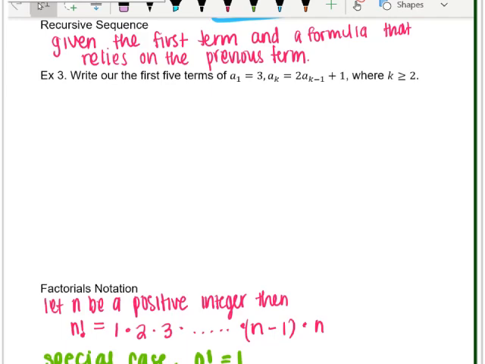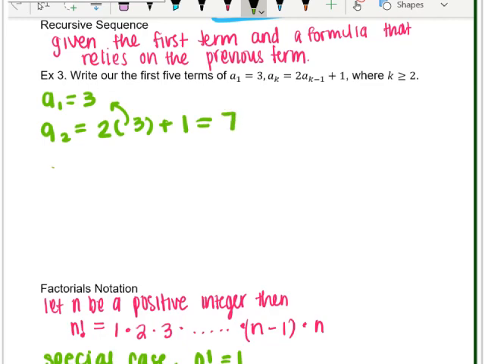Alright, so let's go ahead and plug in the first 5 terms. So A1 is 3, then A2 is 2 times the previous one, which is 3, and then plus 1, so that's going to give me 6 plus 1, which is 7.